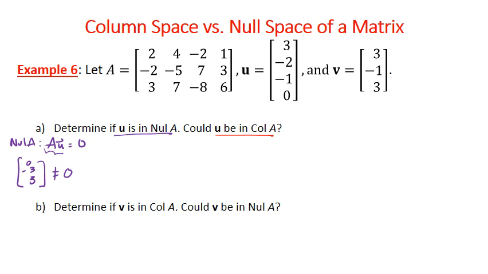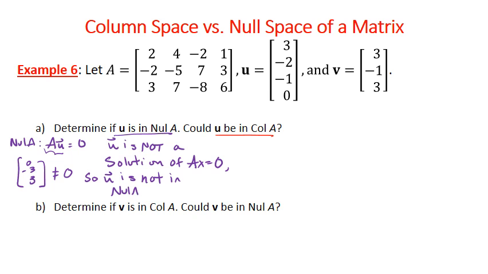So this tells us that vector u is not a solution of Ax equals 0. So u is not in the null of A. Okay, and this is the first time we've seen that case, so quite interesting.